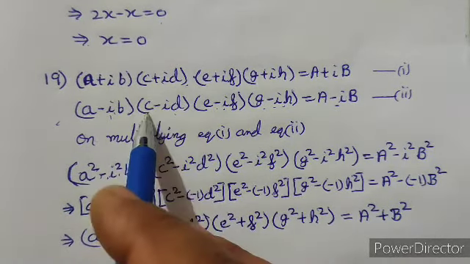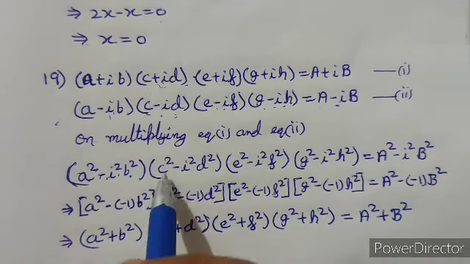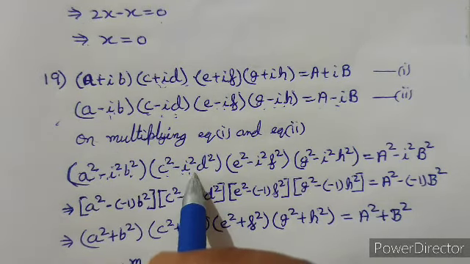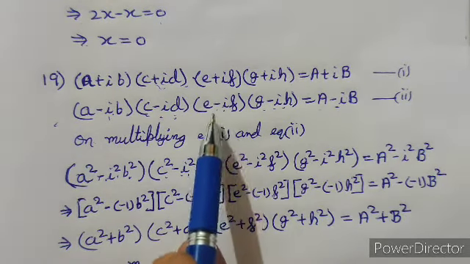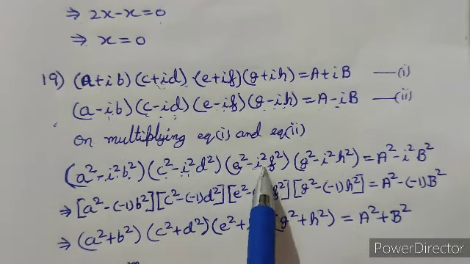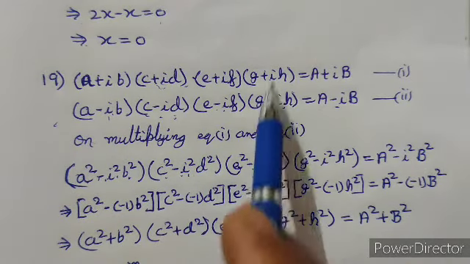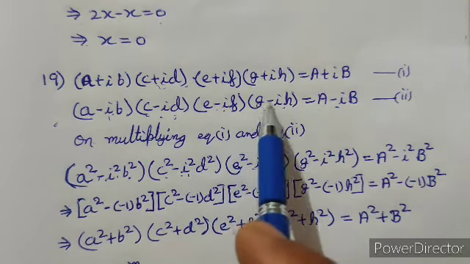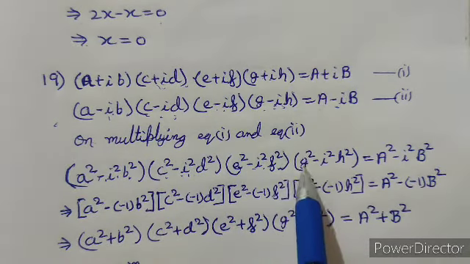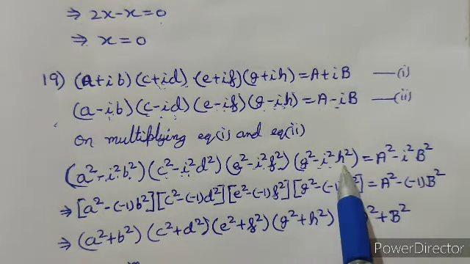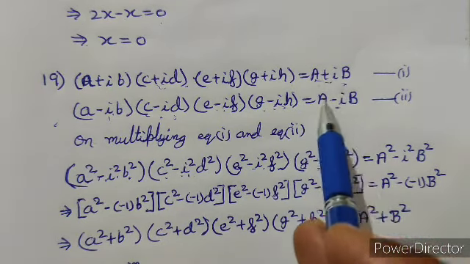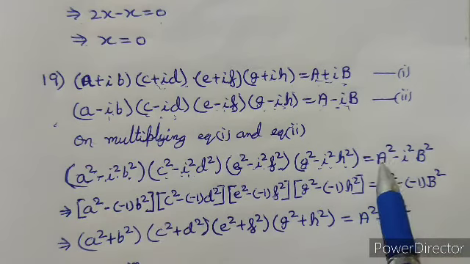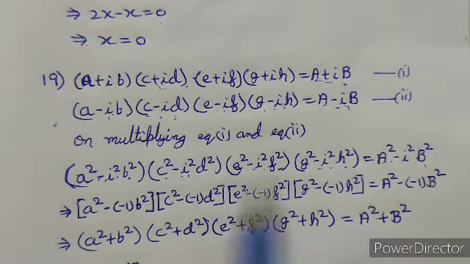c minus id into c plus id will be equal to c square minus i square d square. e plus if into e minus if will be e square minus i square f square, and g minus ih into g plus ih will be equal to g square minus i square h square, and that will be equal to a plus ib into a minus ib, and that will be a square minus i square b square.